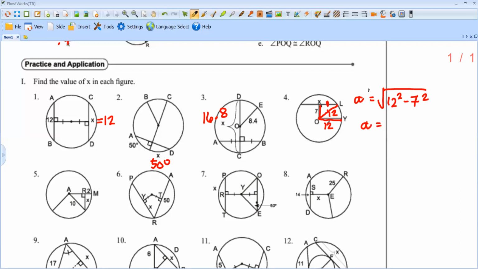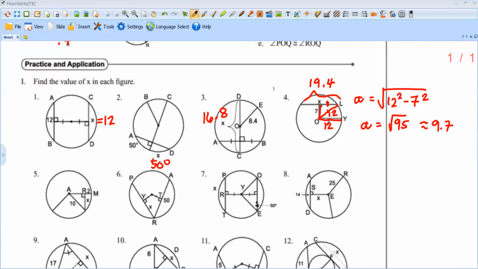So 12 squared minus 7 squared, the square root of 95, which is about 9.7. Then multiply it by 2, and the answer is approximately 19.4. So this is 19.4.